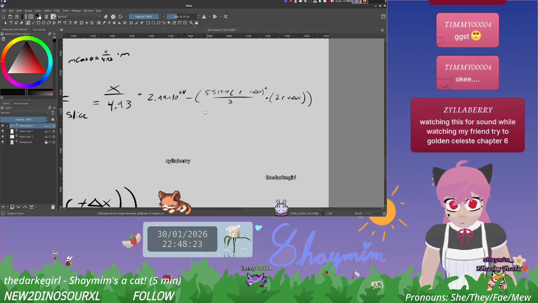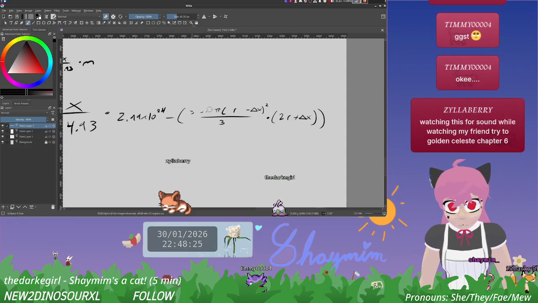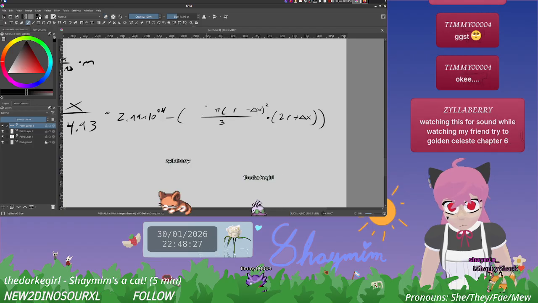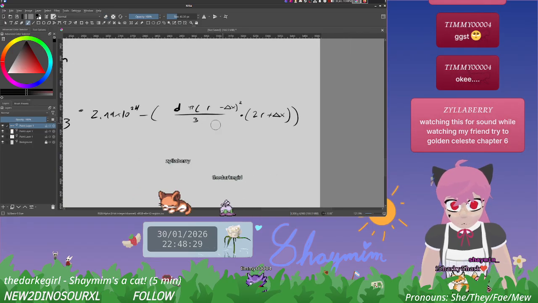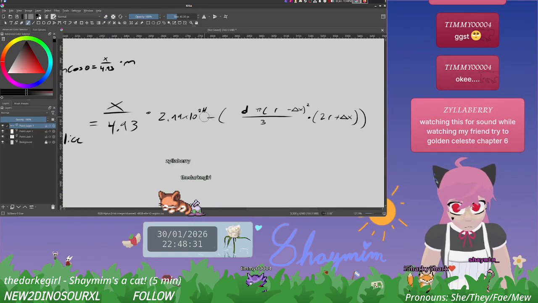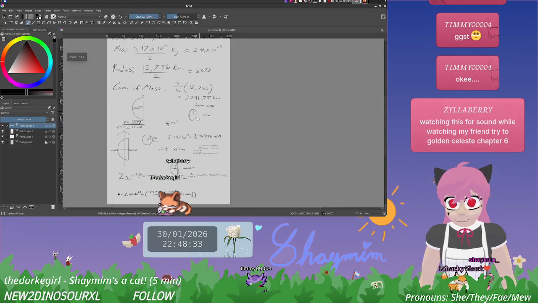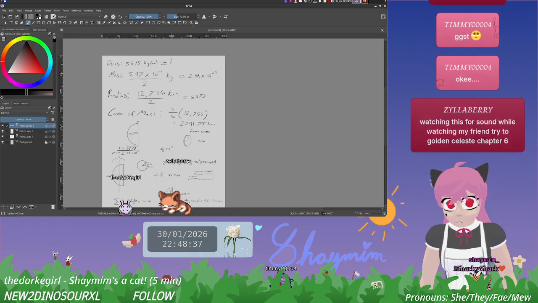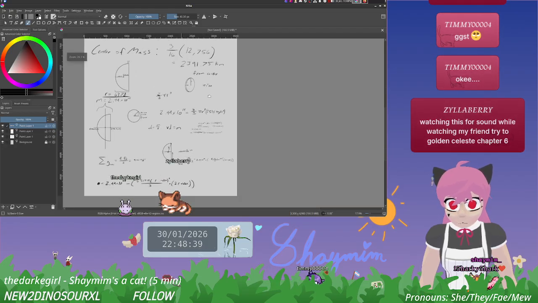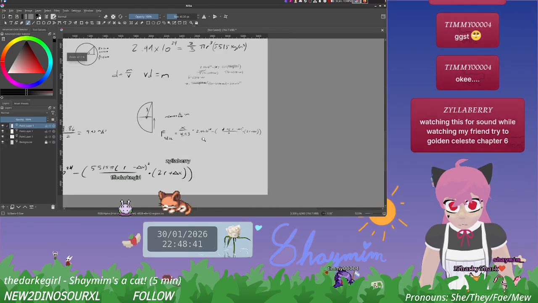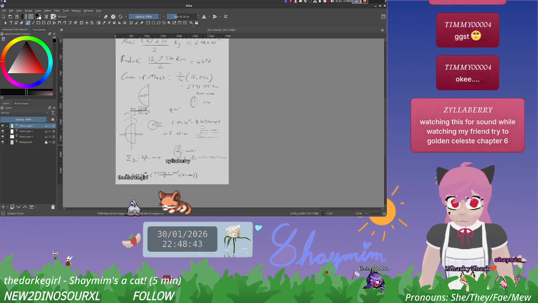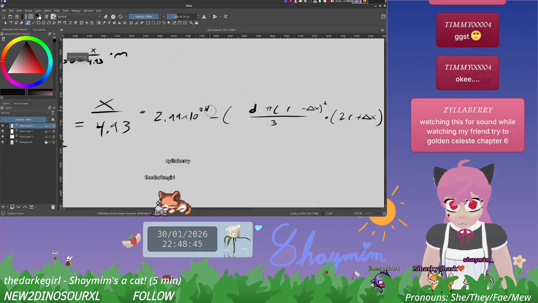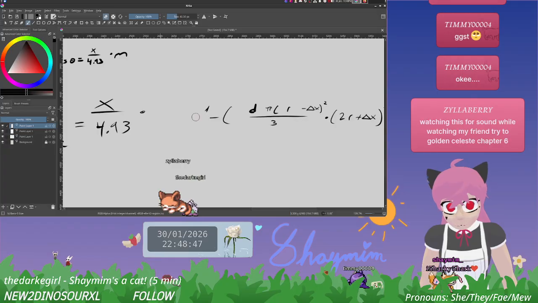I'll just substitute 5515 for the letter D for now, since it's going to be easier to keep track of. Density. And then 2.99 is going to be our big M.